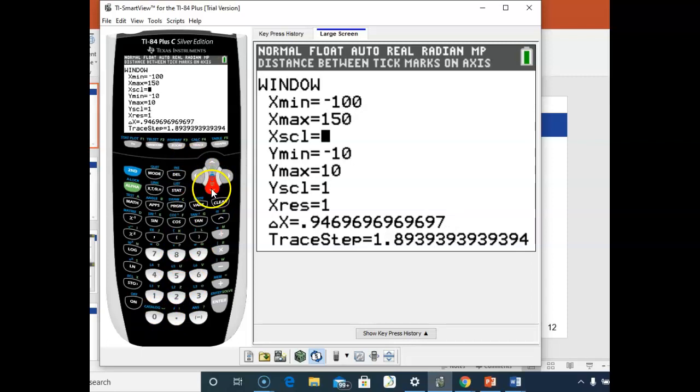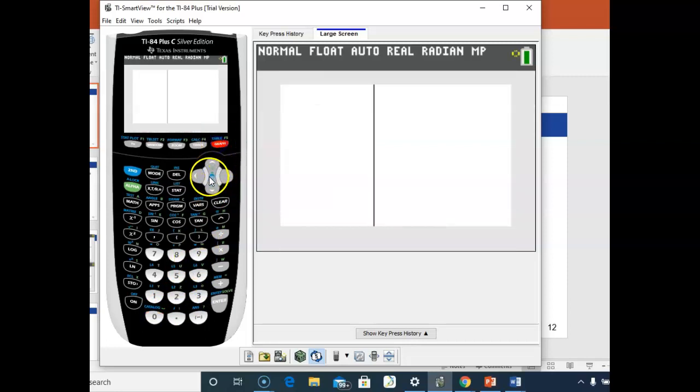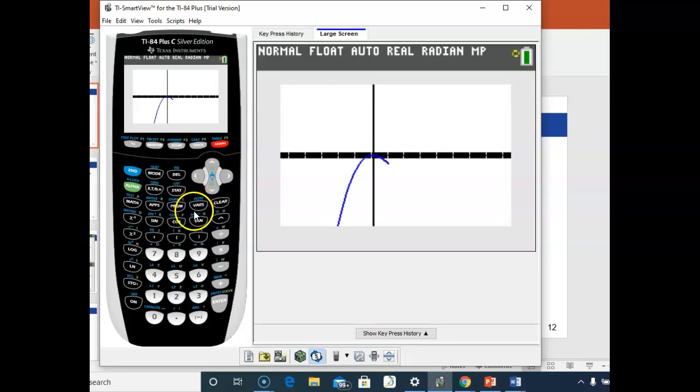And then our y min is going to be -2000. And we're going to go to +2000. And then we're going to graph that. Okay, so we see this curve that we were missing before. So before with just the standard window, we only saw this part, and now we can see this other part with the new window.